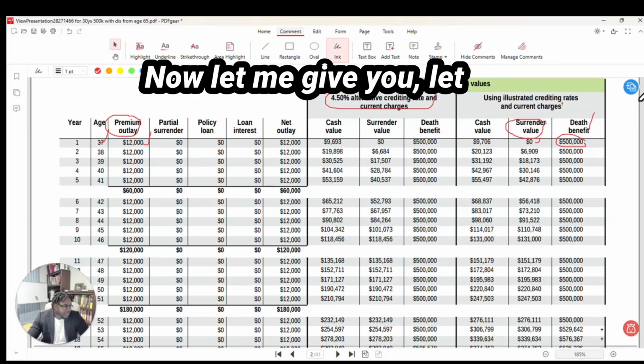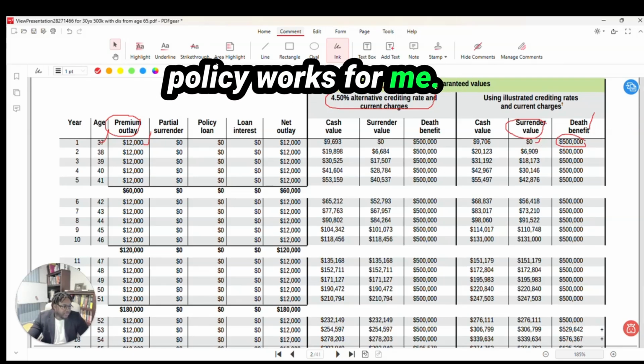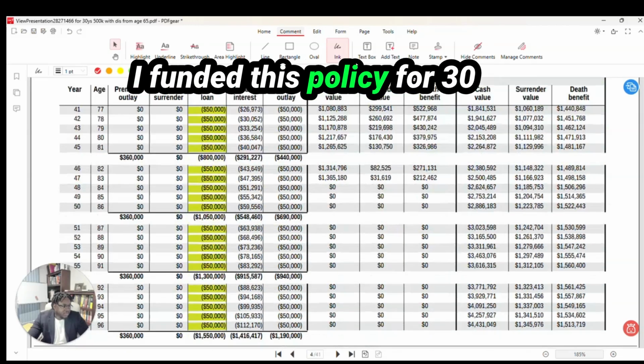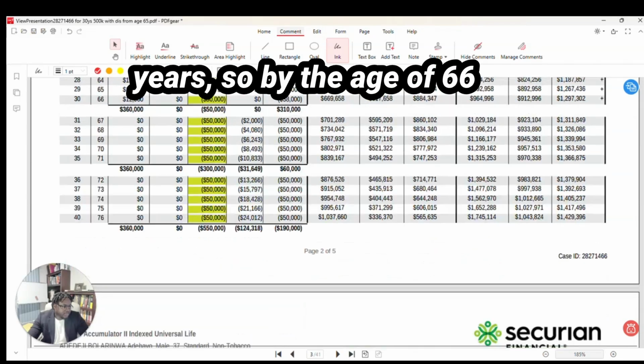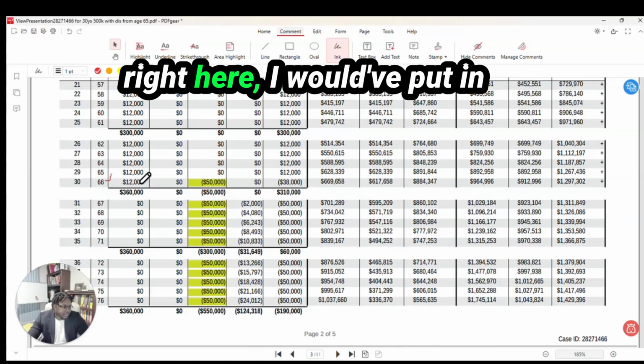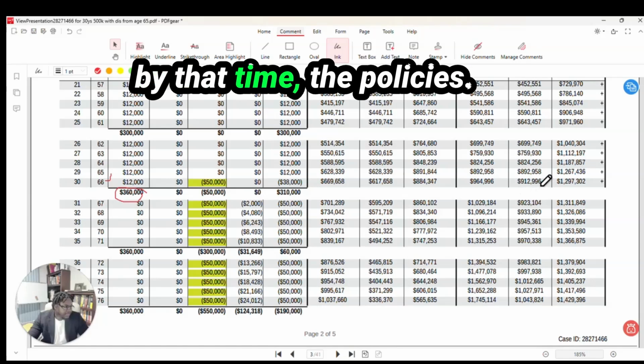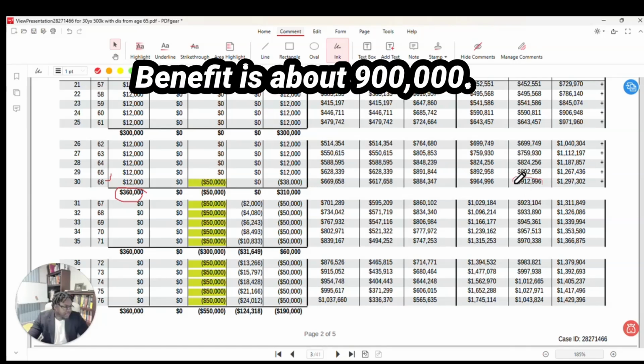Now, let me show you how this policy works for me. I funded this policy for 30 years. So by the age of 66, right here, I would have put in $360,000 into the policy. And by that time, the policy's benefit is about 900,000.